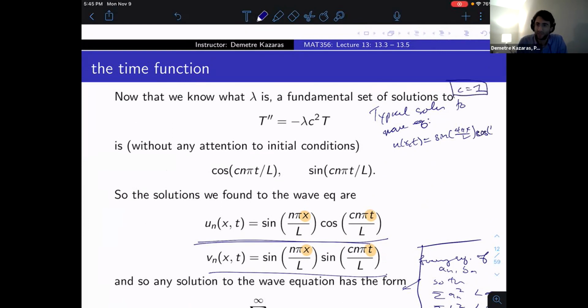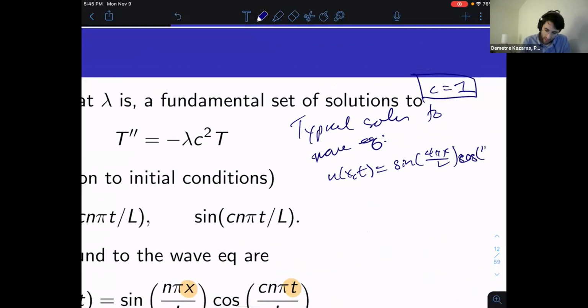I'll often just assume that to make things a little more simple. Cosine of 4 pi t over L.